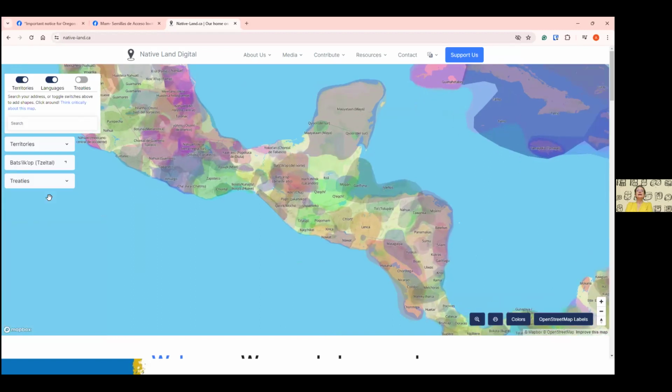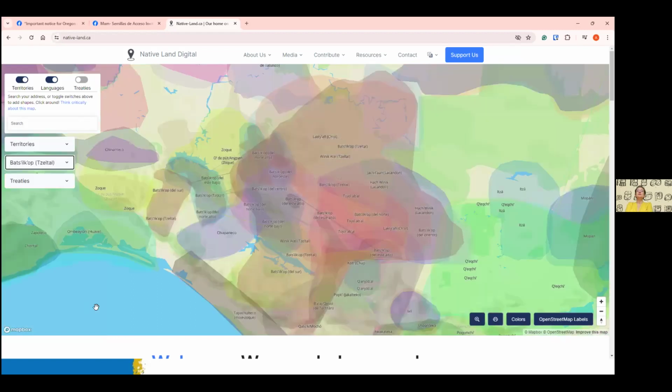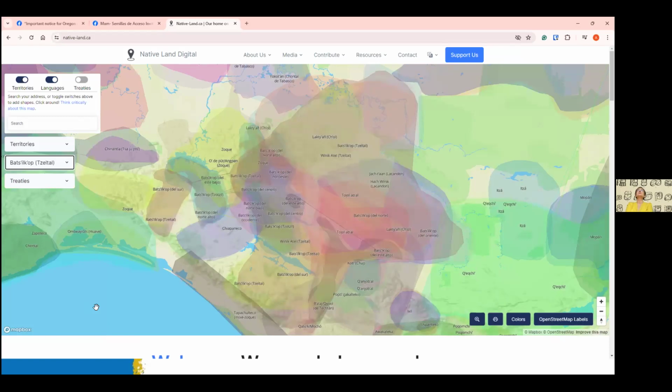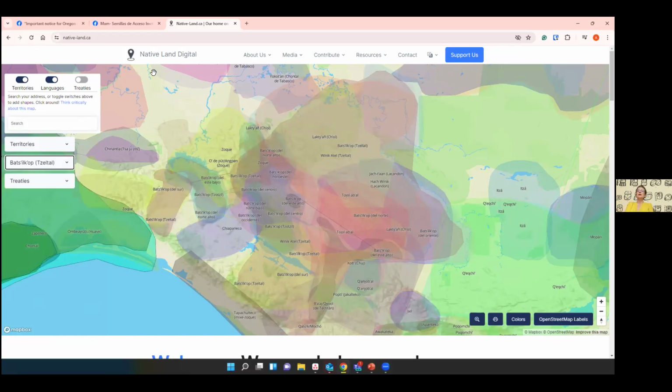And they're using Batsilkop, which is, as I said, the language name used by speakers. And there's a wide and complex region here for Batsilkop, which is Seltal. And I'm going to talk a little bit about that region and health facilities there now.